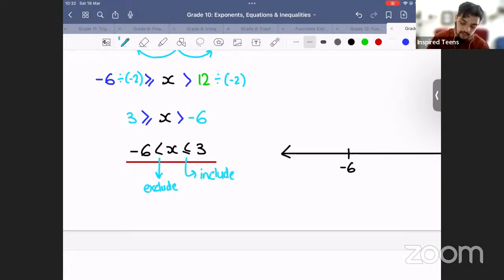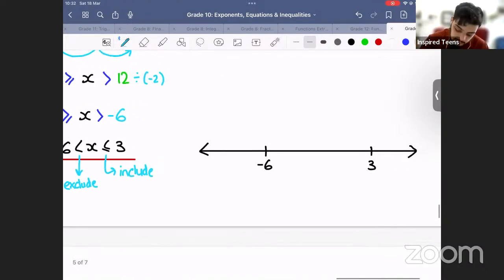Very nice. So for -6, I'm going to have a circle that's empty, and for 3, I'm going to have a circle that's filled in, and that tells me I have to include 3 but exclude -6, and I connect them to show that x is anything between these two values.